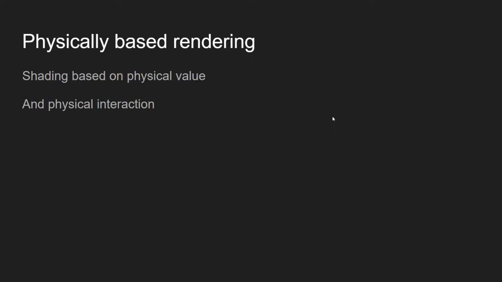Physically based rendering is a concept where we start to shade with physical values, and of course physical interaction. One of the biggest parts of the physical interaction is getting a shader which is energy conservative. That's something super important to keep in mind: PBR means physical values, it's physically based, and of course energy conservative.